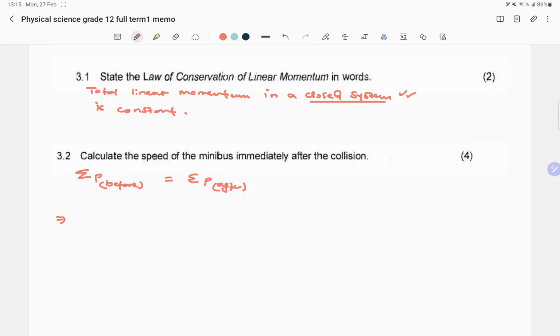The mass of the minibus, you can just say m_b v_ib, plus m_c, which is the car, v_ic, is going to be equal to m_b v_fb plus m_c v_fc.